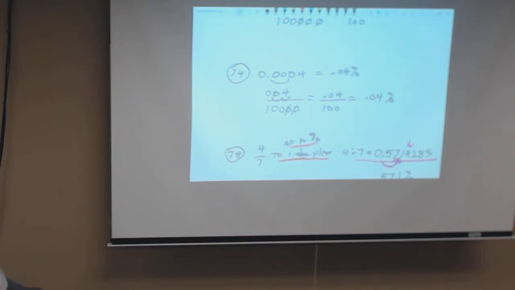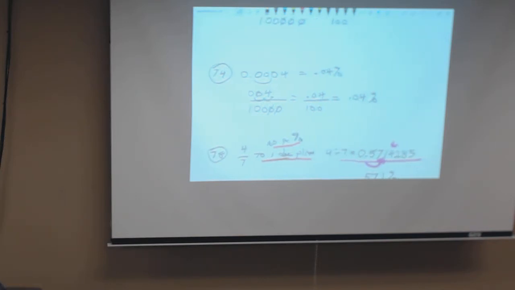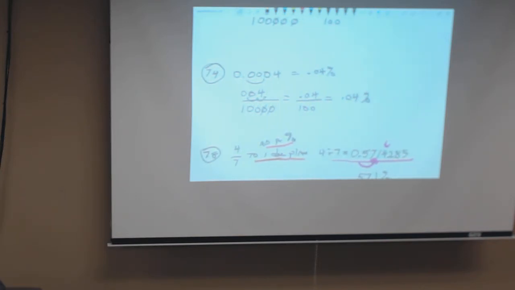Oh, yeah. 4/7 to 1 decimal place. So I just take 4 and divide by 7, and I get, whoa, I get this big old number here. But what do they say to do?